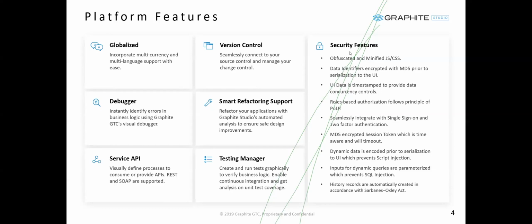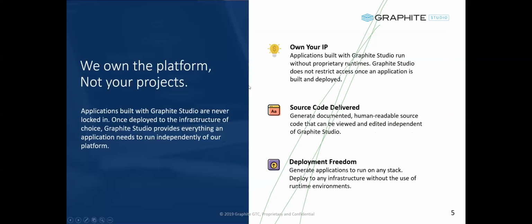So you just concentrate on building the application, and Graphite will take care of all the security needs. One of the most important advantages of Graphite, as compared to other platforms that do low code, no code, as the industry is called, comes down to these three things.